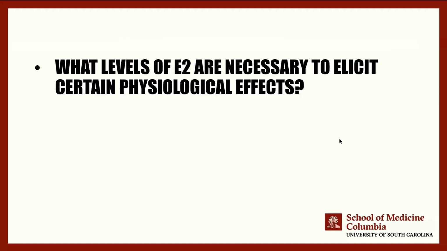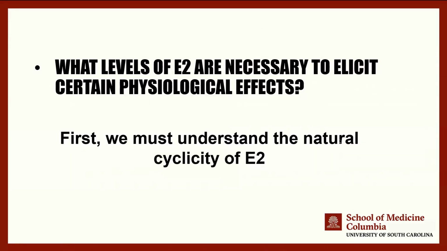So what levels of E2 are necessary to elicit certain physiological effects? I pose this question, but in order to answer it, we must understand the natural cyclicity of E2, and to do that we have to look at our models.